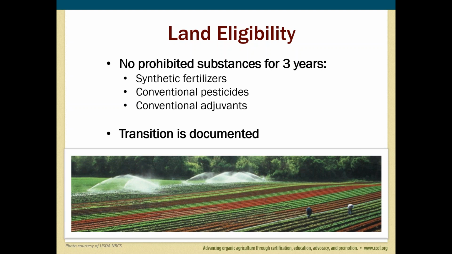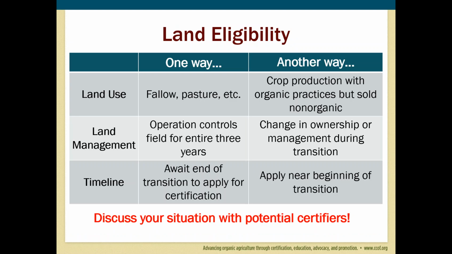In general, to establish the eligibility date of your field for organic certification, you'll need to provide documentation showing what input materials were applied to the land during that transition period, what the uses of the land were during that transition period, et cetera. But beyond that, there's actually a lot of variability about how farms approach this part of the certification process. So I wanted to break that down for you here.